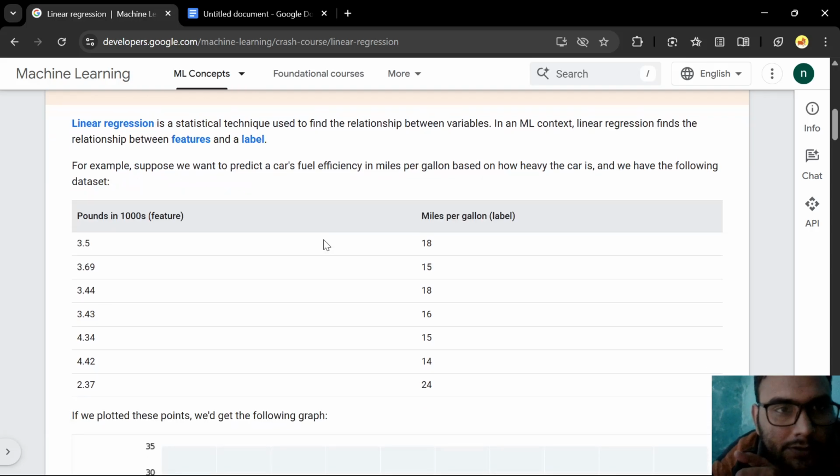Here they have taken the example of a car, where the label is the output and the feature is the input, and we need to find the relationship.